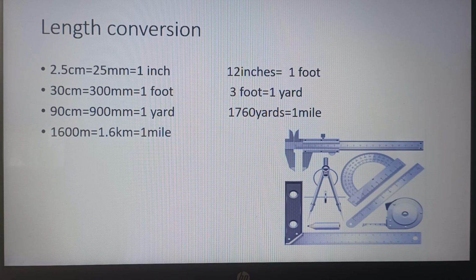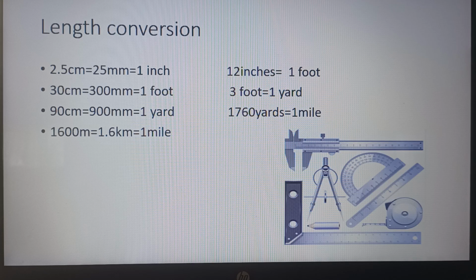Length conversion. Quite often we have to take centimeters to millimeters before we can go to inch. So as we can see, 2.5 centimeters equals 25 millimeters or 1 inch. 30 centimeters equals 300 mil, which equals 1 foot.